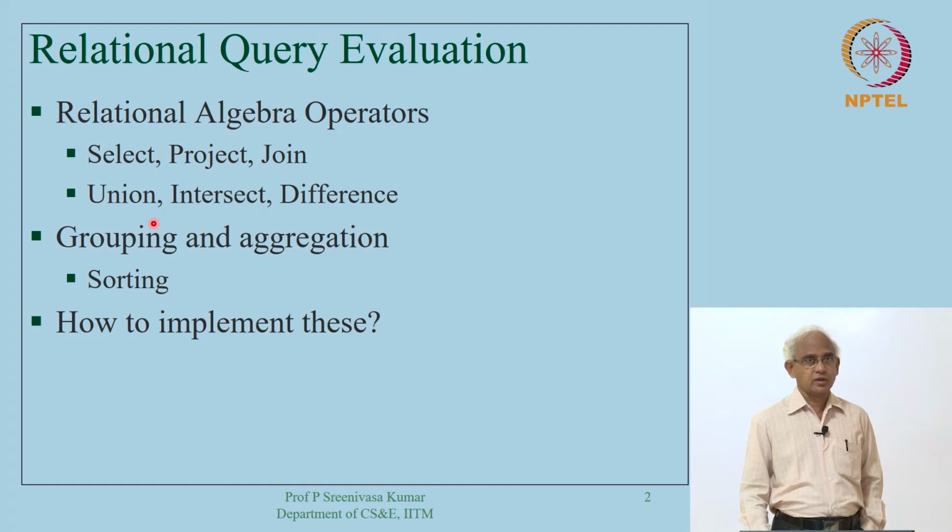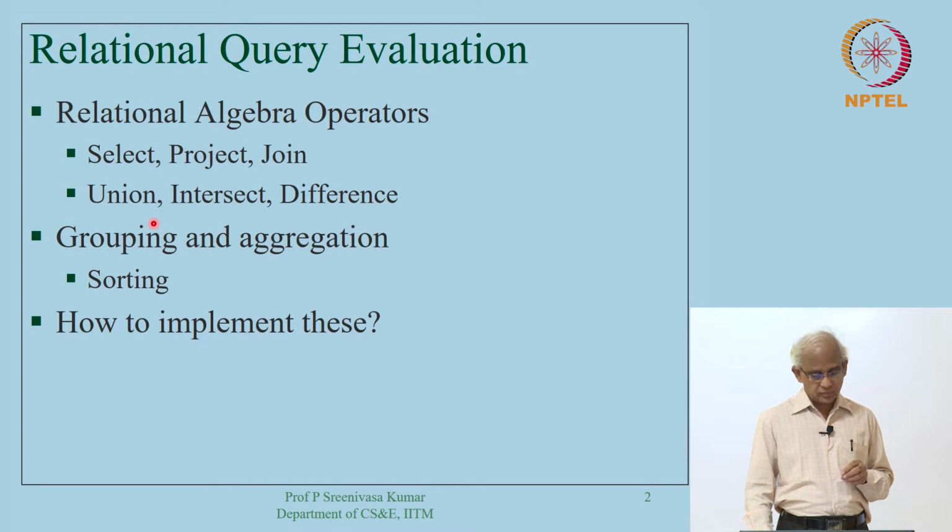The relational algebra expression obviously makes use of lots of relational algebra operators that we have seen already, like select, project, join, union, intersect, difference and all these things. So, we have to look at how exactly these operators have to be evaluated on their operands, right.